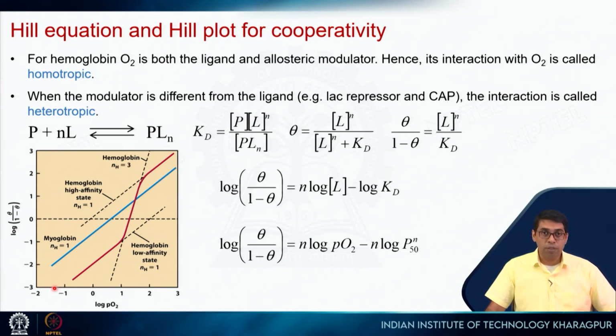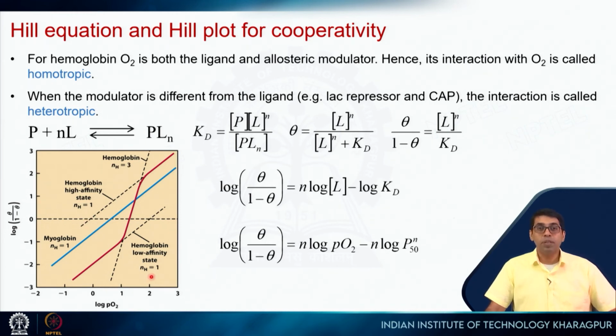So at lower concentration of oxygen, hemoglobin is in the T state. So we will get a curve like this. So this straight line represents the binding of oxygen to the T state. When the partial pressure is more, then the affinity increases. So it shifts, and this straight line represents binding of oxygen to hemoglobin in the R state, right?